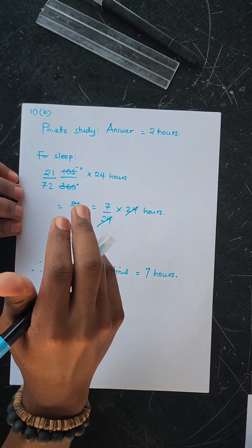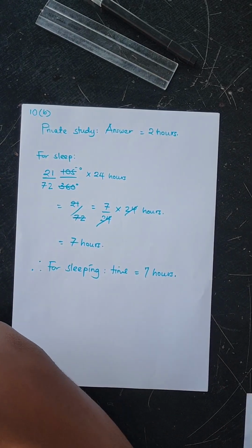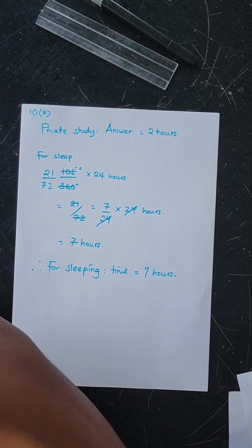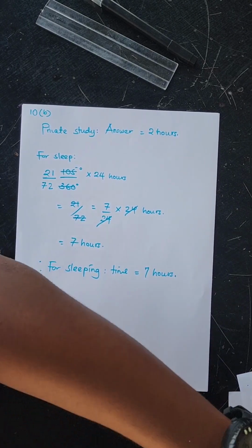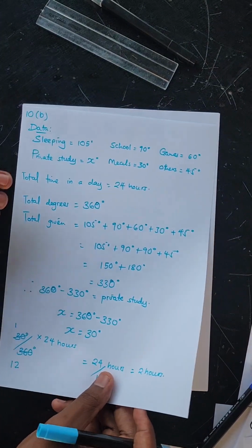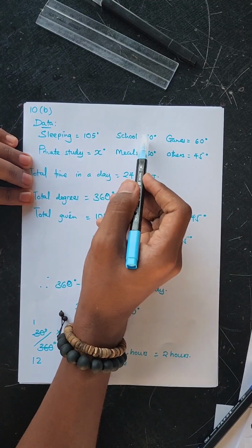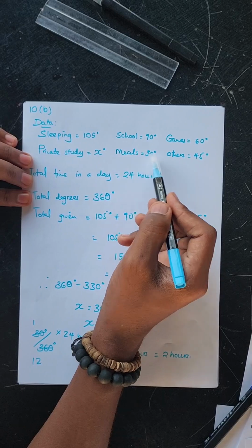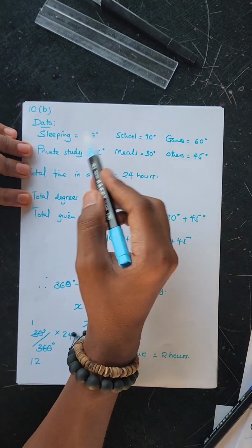Okay, so we have sleeping, which is 105 degrees, school 90 degrees, games 60 degrees, others 45 degrees, meals 30 degrees, and private study, let that be X degrees. These are all given data.